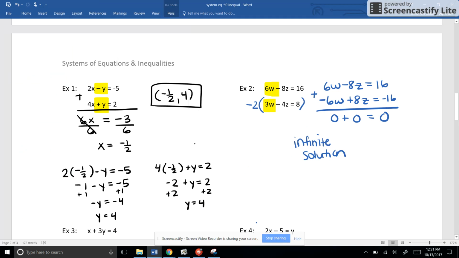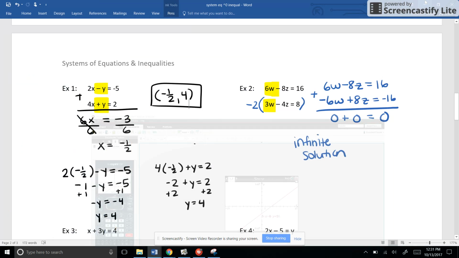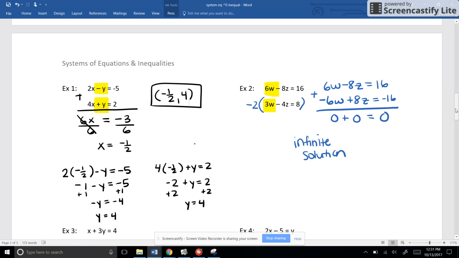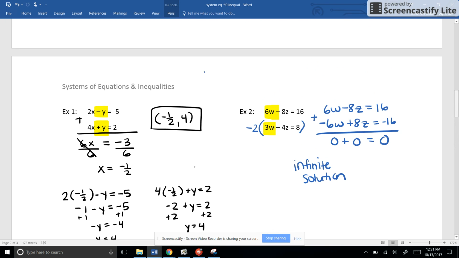Okay, the other one was 3x minus 4y equals 8. Tab, 3x minus 4y equals 8. Look, they're right on top of each other. That means infinite solutions.